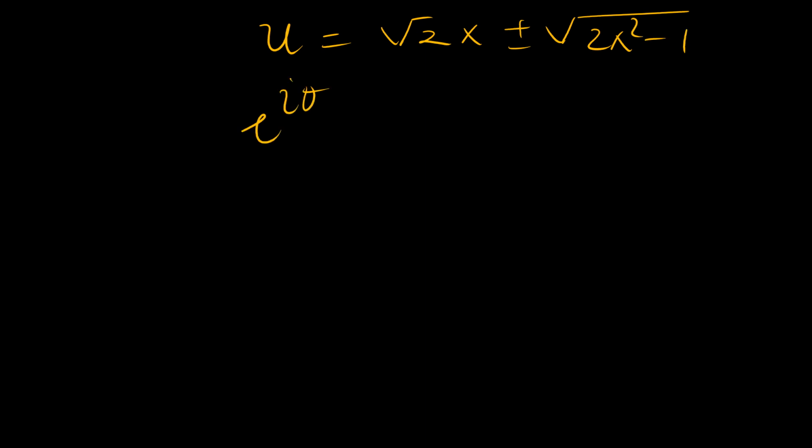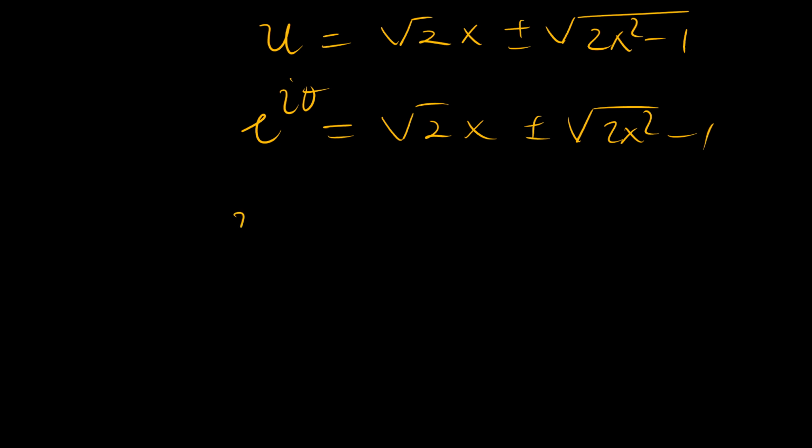So we said u is equal to root 2 x plus minus the square root of 2x squared minus 1. And since u is the same as e to the power i theta, that becomes root 2 x plus minus the square root of 2x squared minus 1.